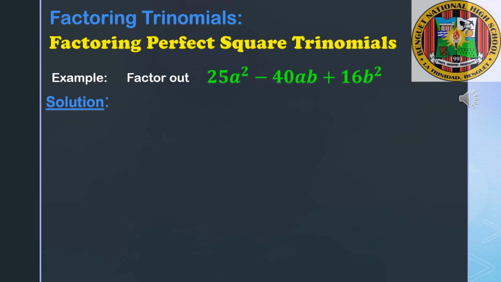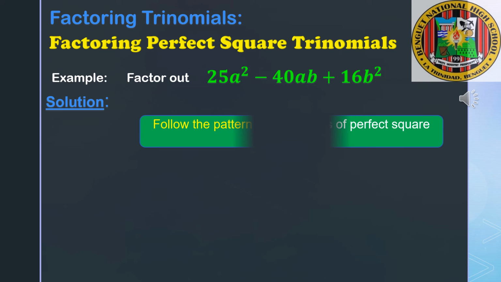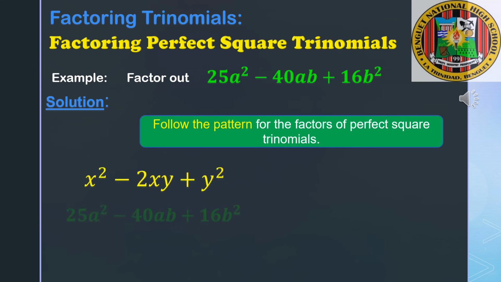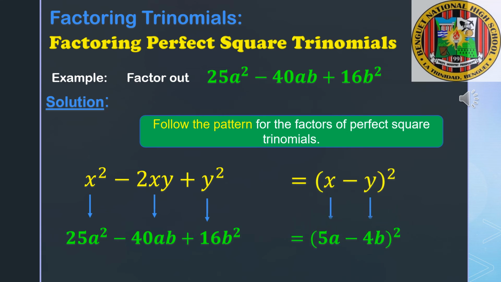After confirming that the given polynomial is a PST, we follow the pattern for the factors of the PST. Given our trinomial, and using the square roots of the first and last terms to substitute for x and y, the factors of the trinomial 25a squared minus 40ab plus 16b squared is the quantity 5a minus 4b squared.